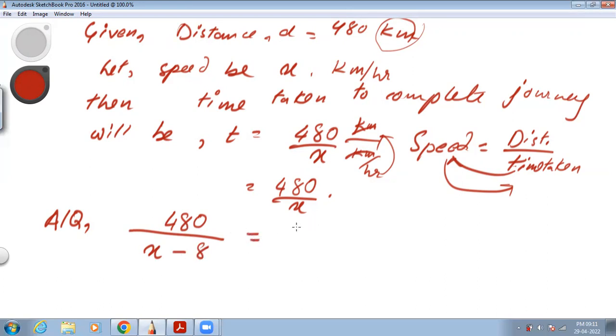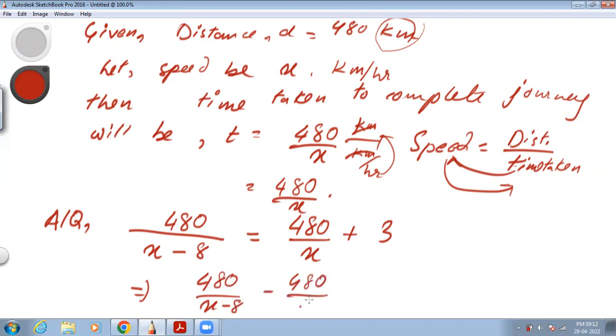Then it would have taken 3 hours more. 480 by x is the original time, plus 3 hours. So this should be the equation. How do we equate this? We take it to the other side: 480 by x minus 8 minus 480 by x equals 3.